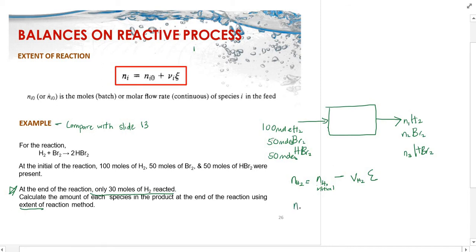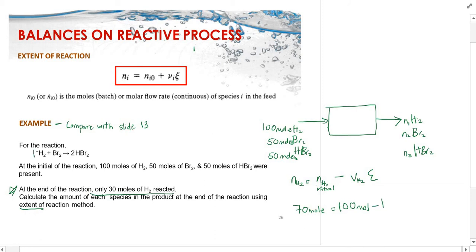We know you are left with 70 moles, because only 30 moles of H2 reacted. So 70 is equal to the initial amount of hydrogen, 100 moles, minus the stoichiometry ratio of hydrogen, which is 1.